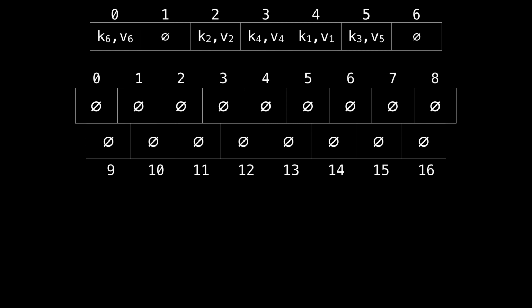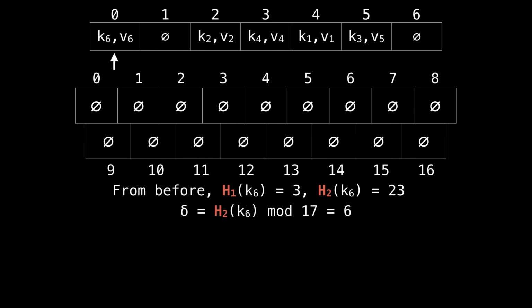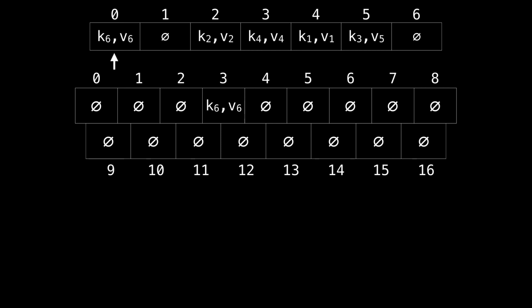So allocate a new table of size 17 and go through the elements in the old table and insert them into the new table. So from before, h1 of k6 is 3 and h2 of k6 is 23. So we compute delta, and we know we're going to put it at position 3 and there's no hash collision.